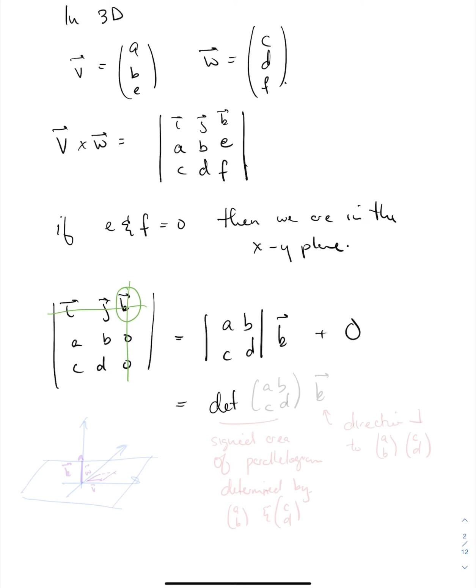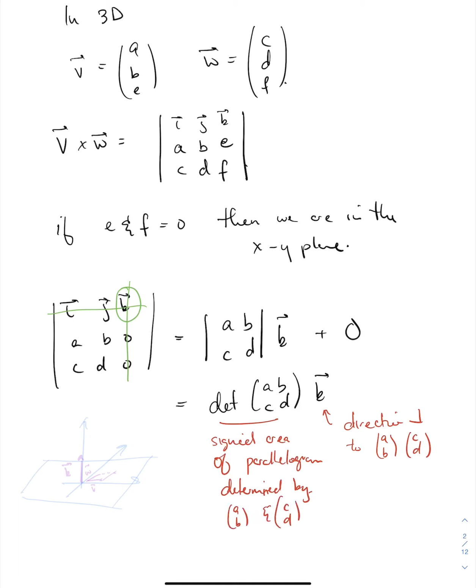This is just the determinant of a, b, c, d times k. k is in the direction perpendicular to the xy plane where a, b, and c, d live. This determinant is going to be the signed area of the parallelogram determined by a, b, and c, d.